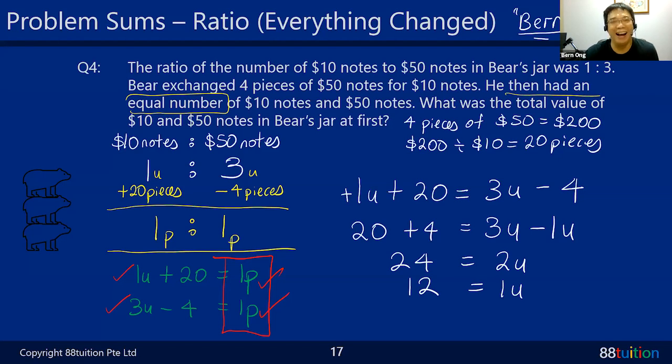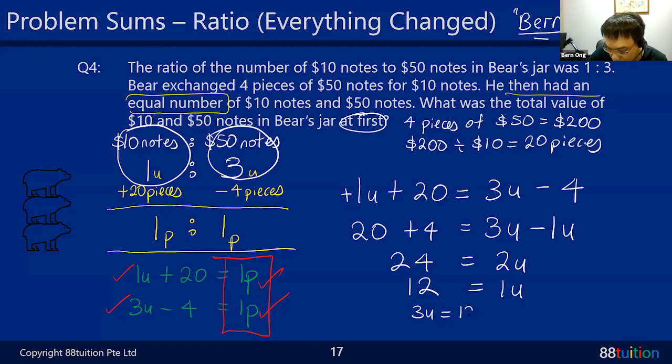All right, okay. So 1 unit is 12. What was the total value of the money he had at first? So 1 unit of $10 notes at the beginning. Down here got 3 units of $50 notes. What is 3 units? 3 units is 12 times 3, which is 36 pieces of $50 notes.